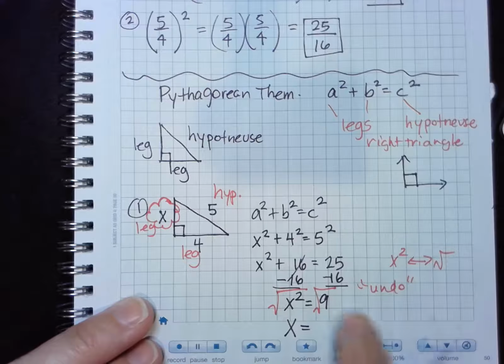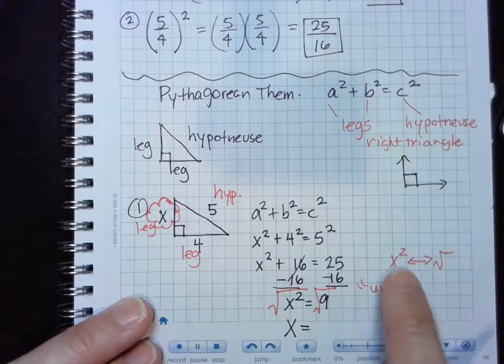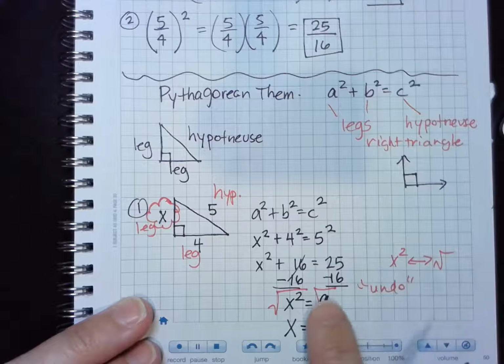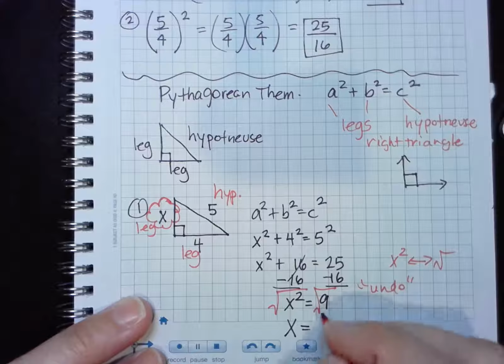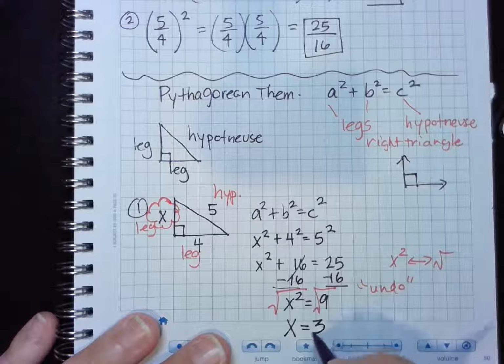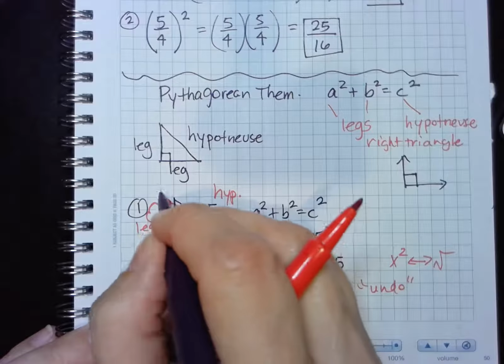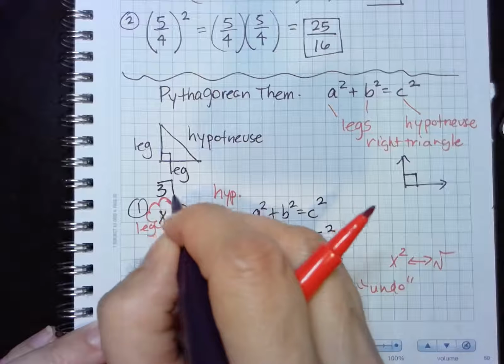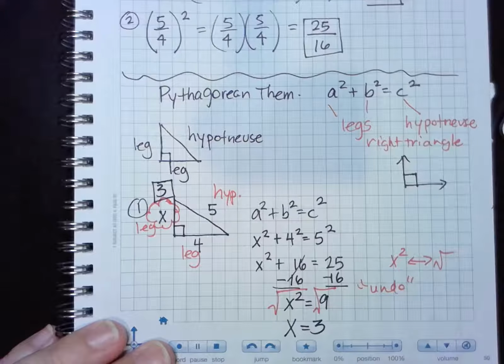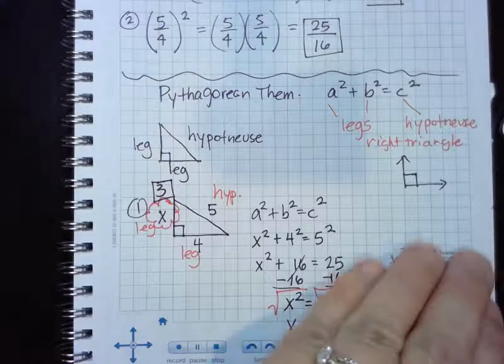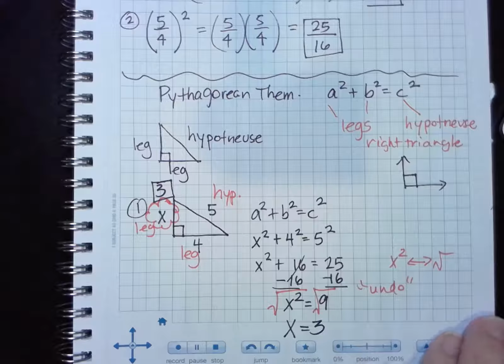So the square root and squares, they're related. So to find out what x is, I take the square root of 9. So my question is, what times itself is 9? And it's 3. So the square root of 9 is 3. So that means that this side over here was 3. Okay, let's try another one, another Pythagorean theorem.